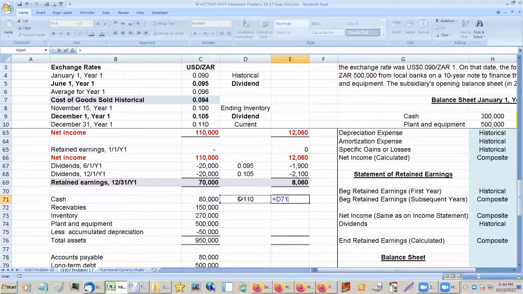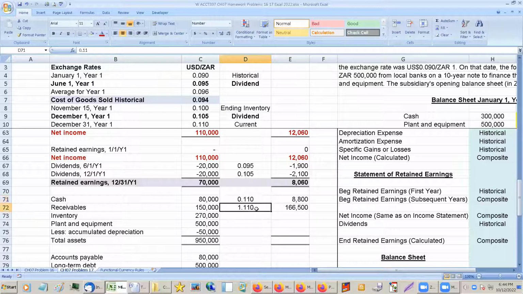So these two, they're cash, which is the local currency. So these two will both go in at the current rate, which is really the end of the period. I don't know why they call it the current rate, because it really is like the year-end rate, but anyway.